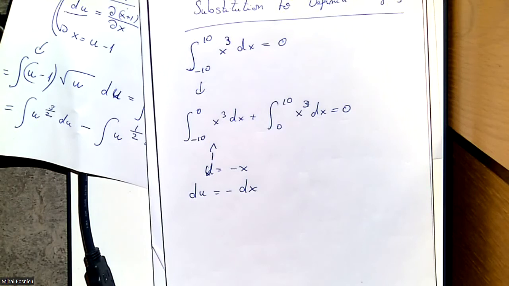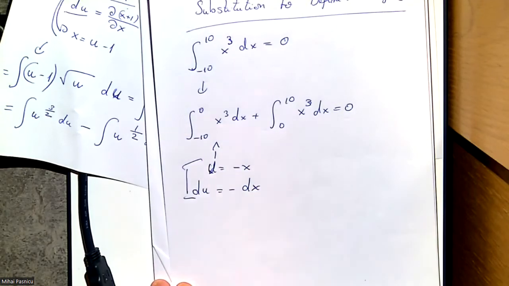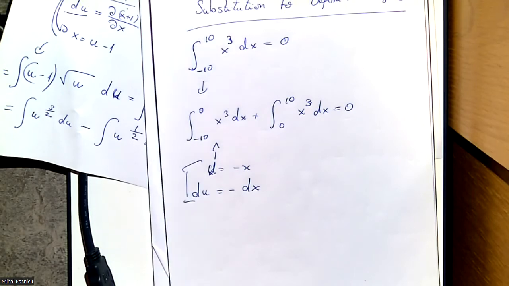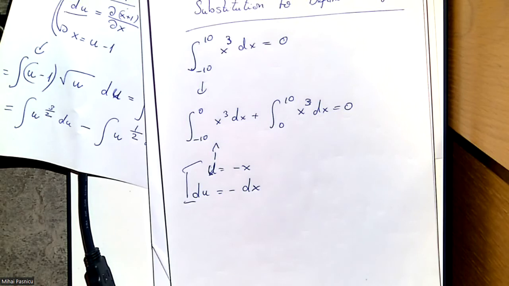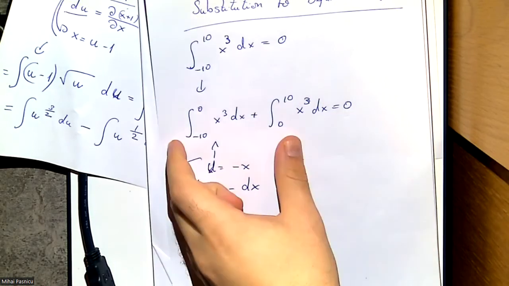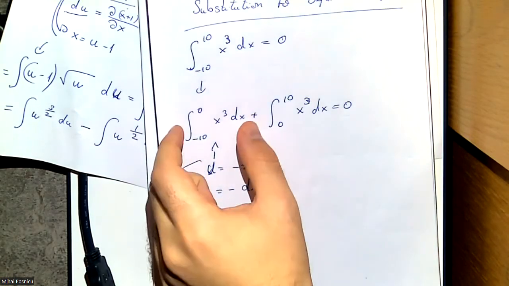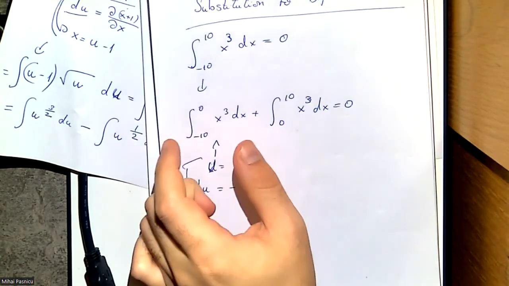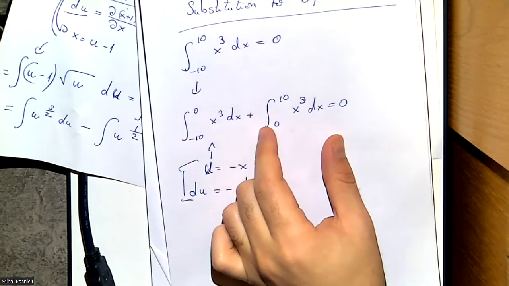Everyone follows what I'm doing? I'm just applying a substitution there. And now comes the extra part. So this we were doing in the indefinite case. Because when I apply -x, I'm going to show that this integral is going to be minus this one.